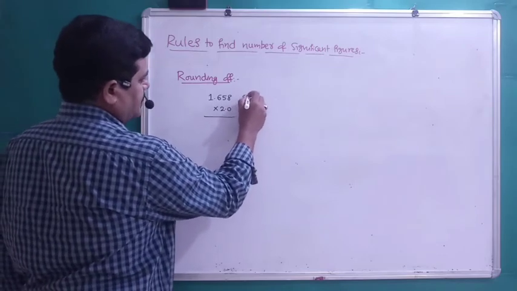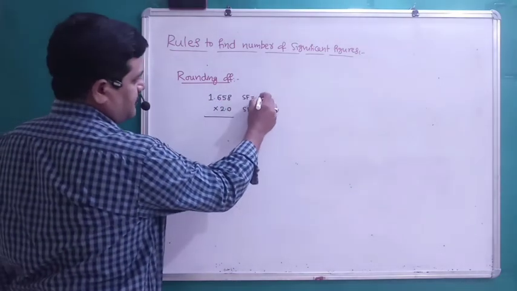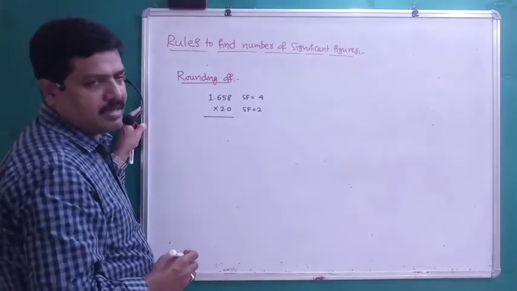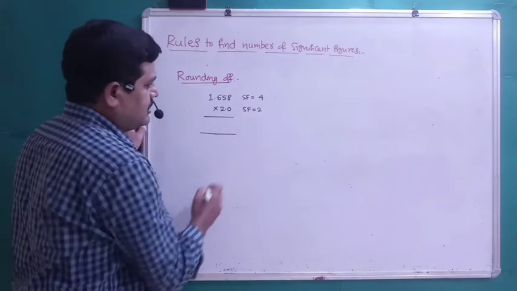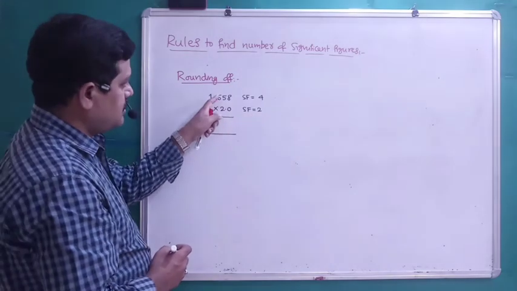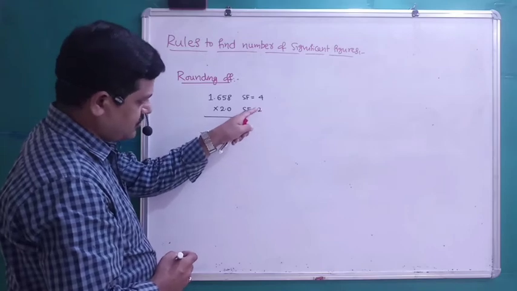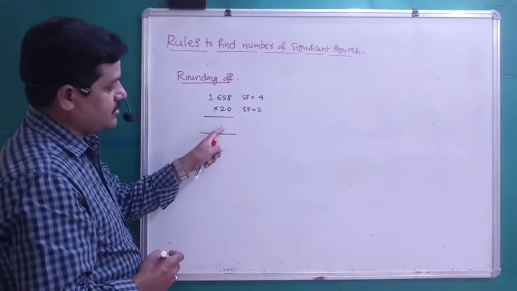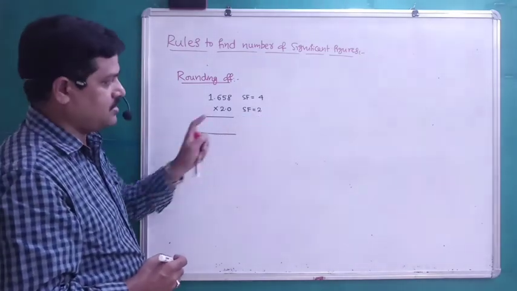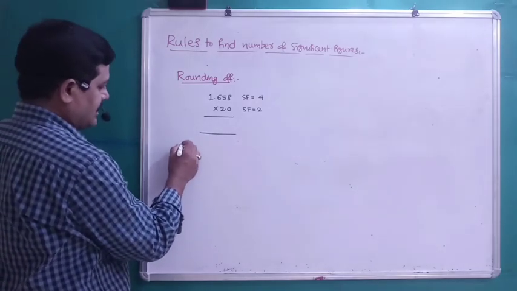The number of significant figures here is 1, 2, 3, 4. So after multiplication, the result we are getting should contain the minimum number of significant figures. Here the minimum is 2, so the result should also contain 2 significant figures, because the result cannot be more certain than the data.